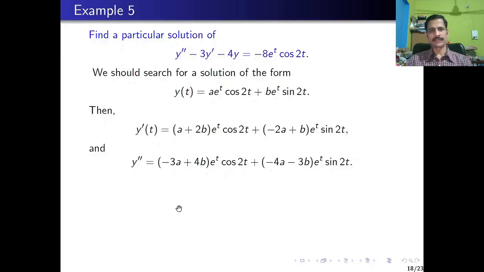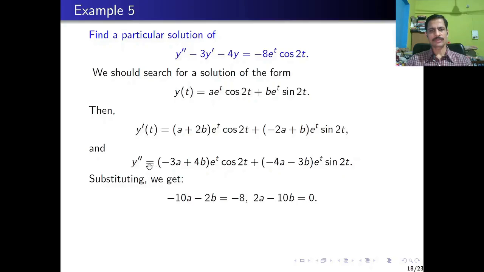You can again verify that the double derivative expression will be (-3a + 4b) e^t cos 2t + (-4a - 3b) e^t sin 2t.